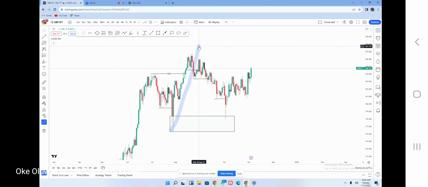Okay, so I don't know if this battery can take me as fast as I want. So the thing is, now this is a pullback of this original leg here. All of this is a pullback of this original leg. So from here, we have the first break of structure to the upside.